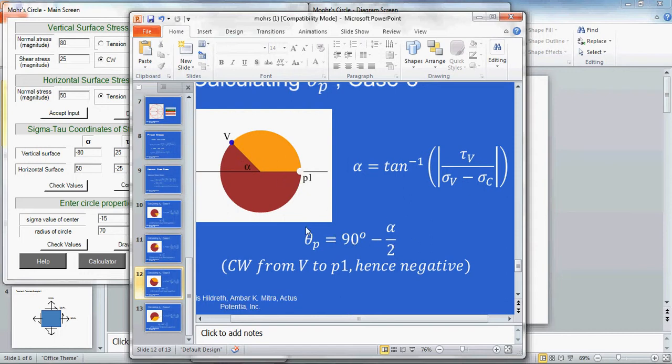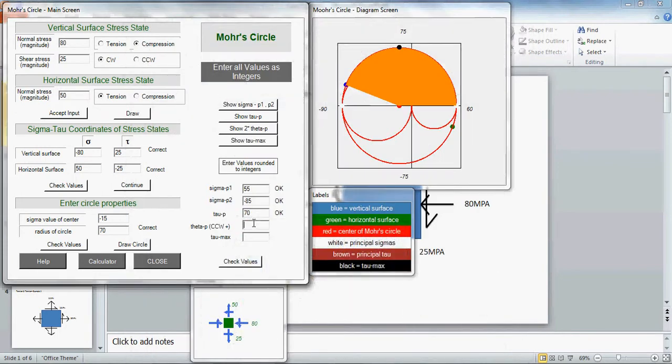So you have to subtract 90 degrees minus alpha over 2, and that will give you theta P. In this example, that will calculate out to 79. Tau max is also 70.